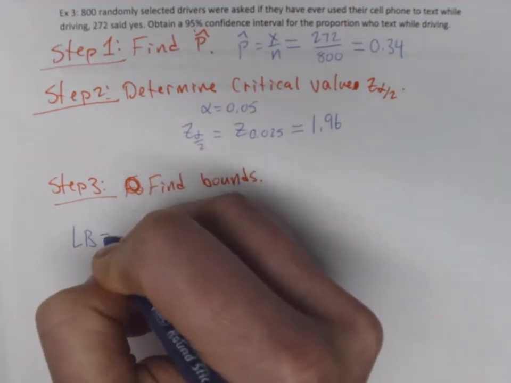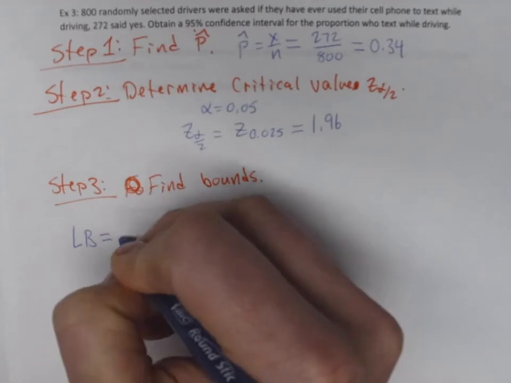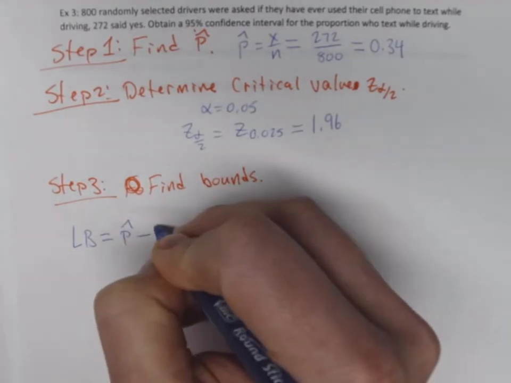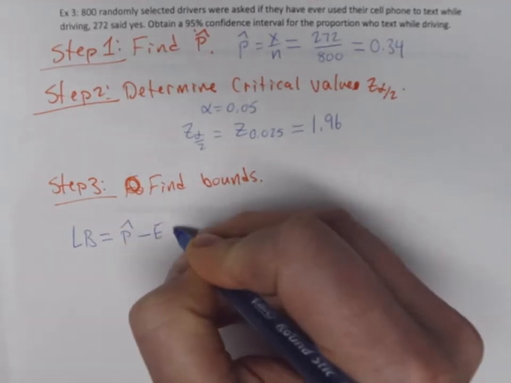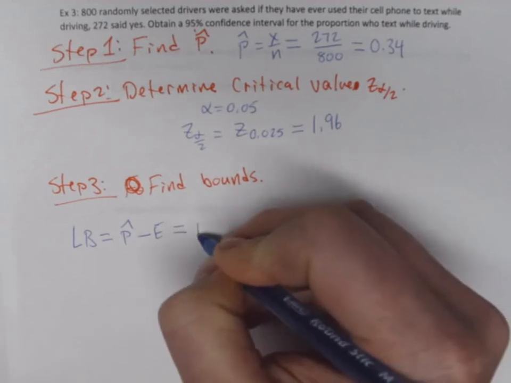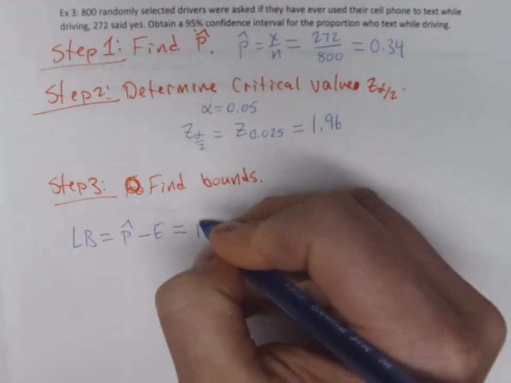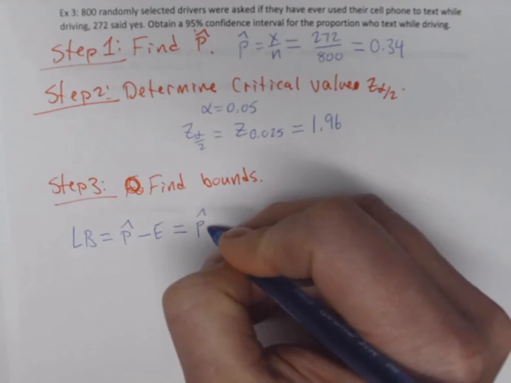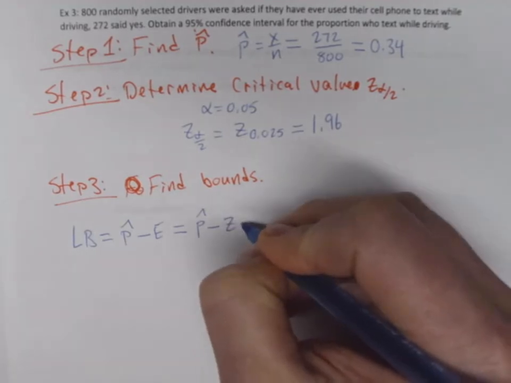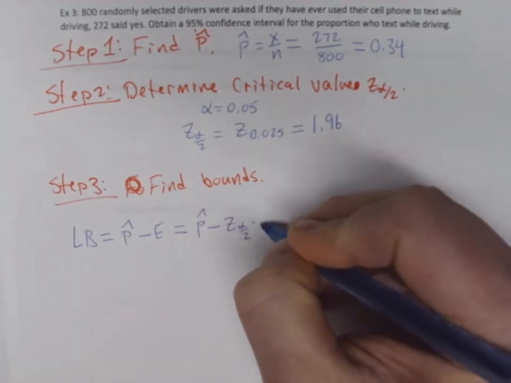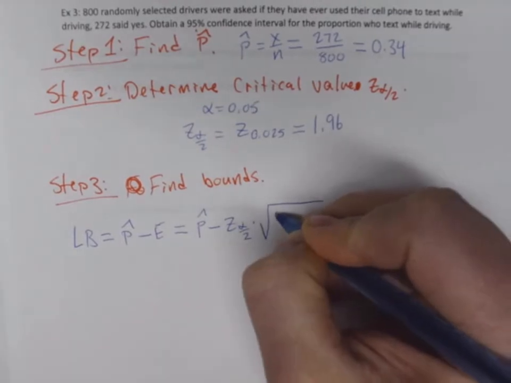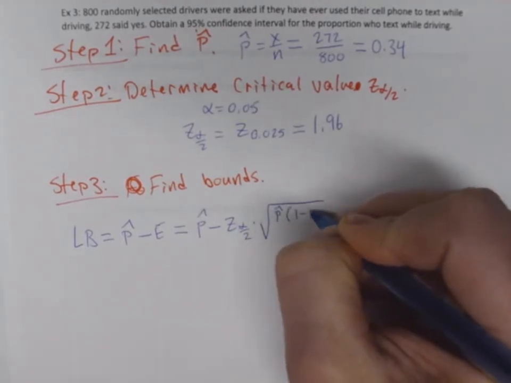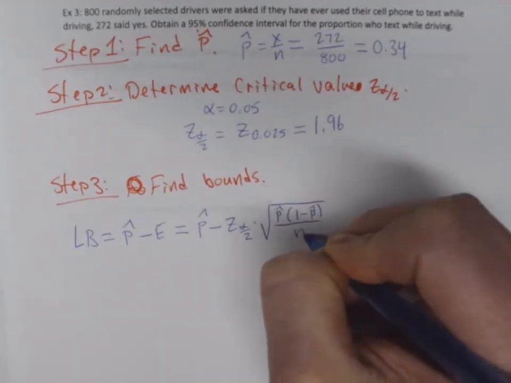LB is equal to, the formula is p hat minus the margin of error E, which is equal to, I'm just going to keep writing the formula out because it's important to know these, Z alpha over 2 times the square root of p hat times 1 minus p hat, all over n.